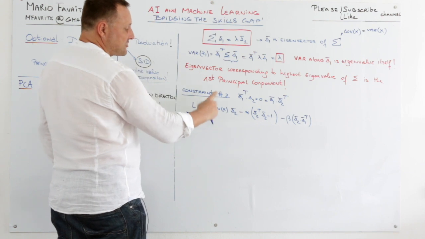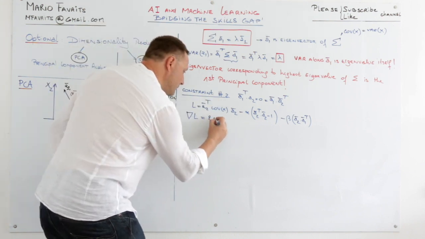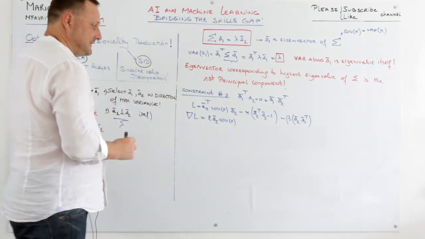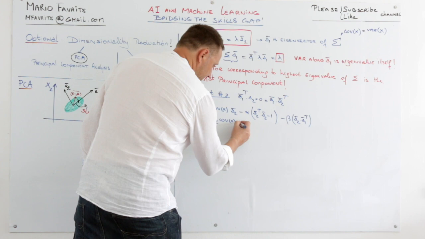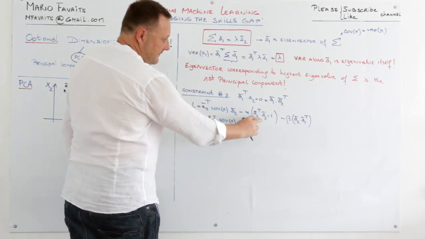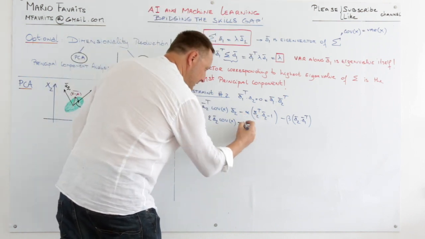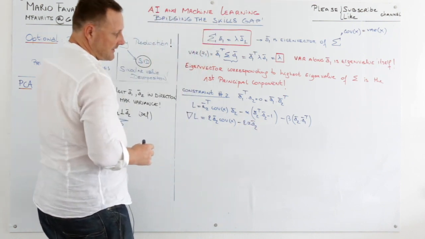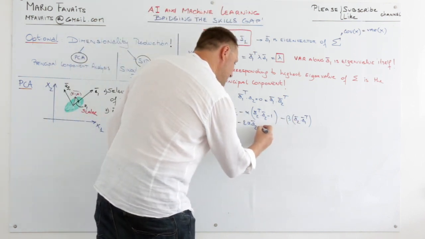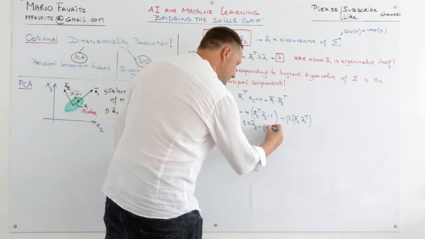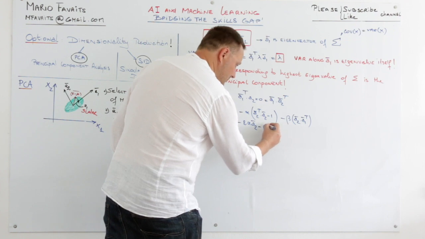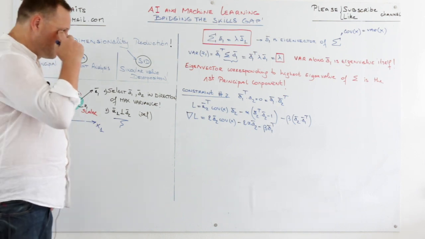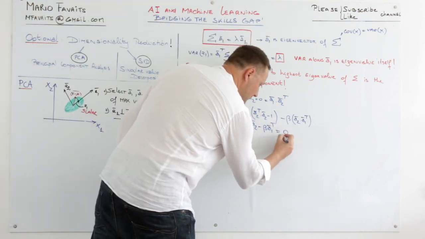This means A2 squared, so I derive is 2A2 covariance X minus, if I derive with respect to A2, meaning 2 alpha A2, right? And here minus beta A1 or A1 transpose. It doesn't really matter. So we set that to 0.